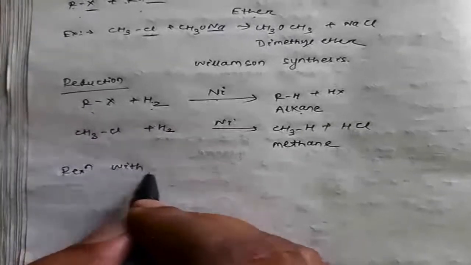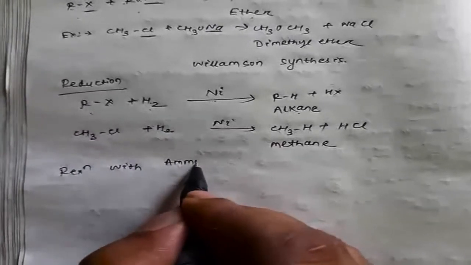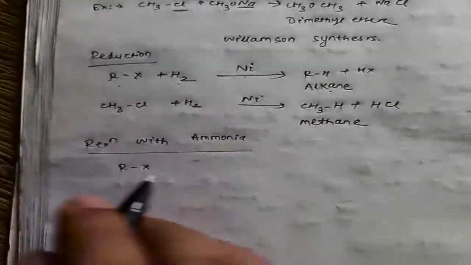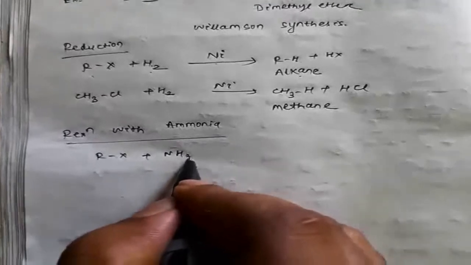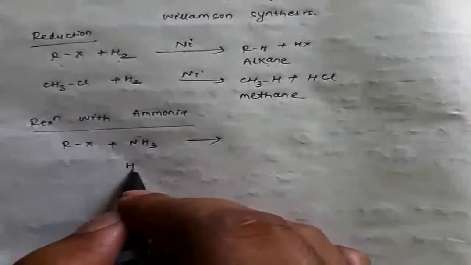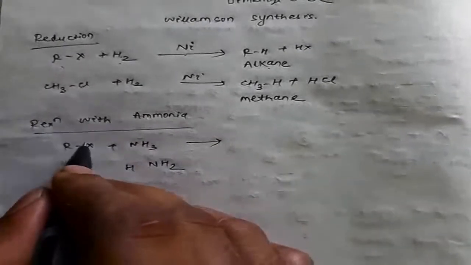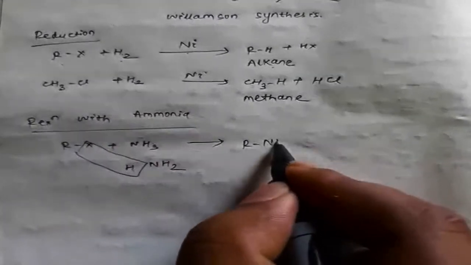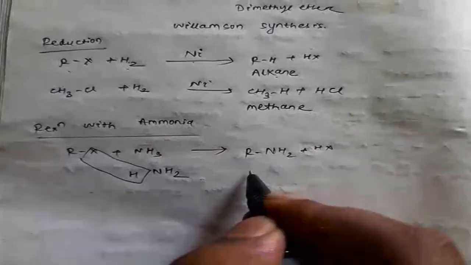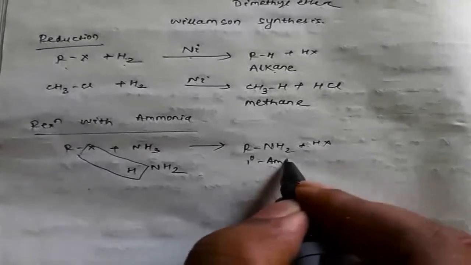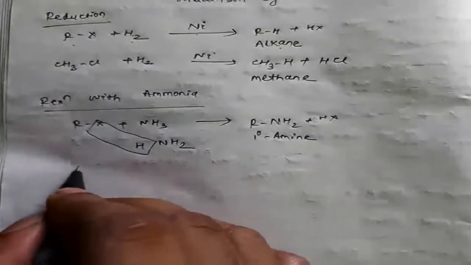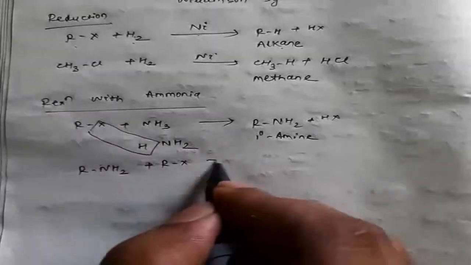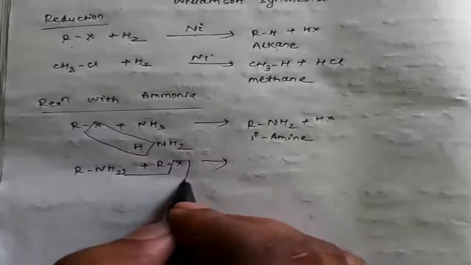Then reaction with ammonia. RX, ammonia is NH3, that is H-NH2, H and X, the product is RNH2 plus HX, that is primary amine. Then RNH2 reacts with another molecule of alkyl halide, H plus X minus, HX.